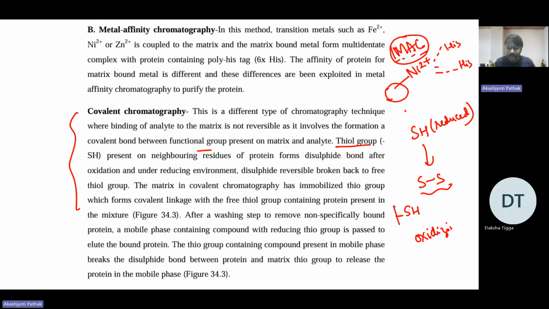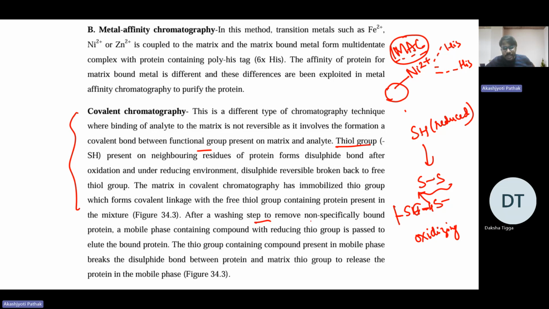The thiol group present on the protein with cysteine, the hydrogen will be removed, and this SS will form a disulfide bond. So this cysteine-carrying protein and the matrix having thiol groups will form a disulfide bond.